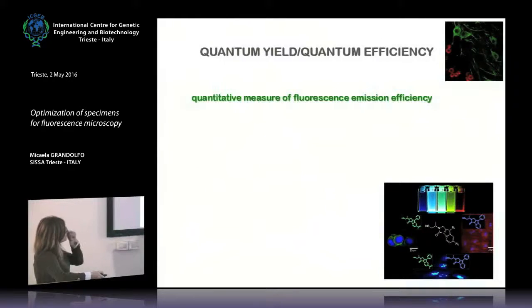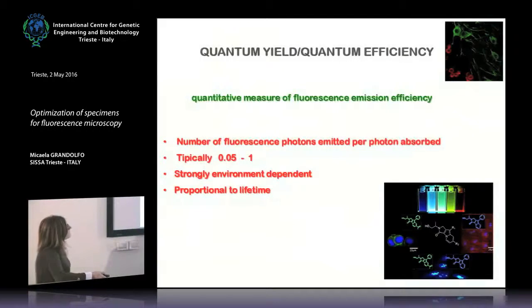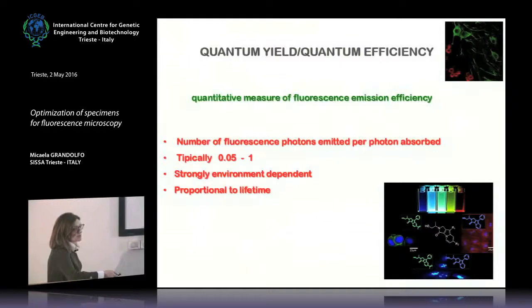The quantum yield. So the quantum yield is a very important characteristic of every fluorophore. It is a quantitative measure of the fluorescent emission efficiency, and it is, in synthesis, the number of photons emitted per photon absorbed.